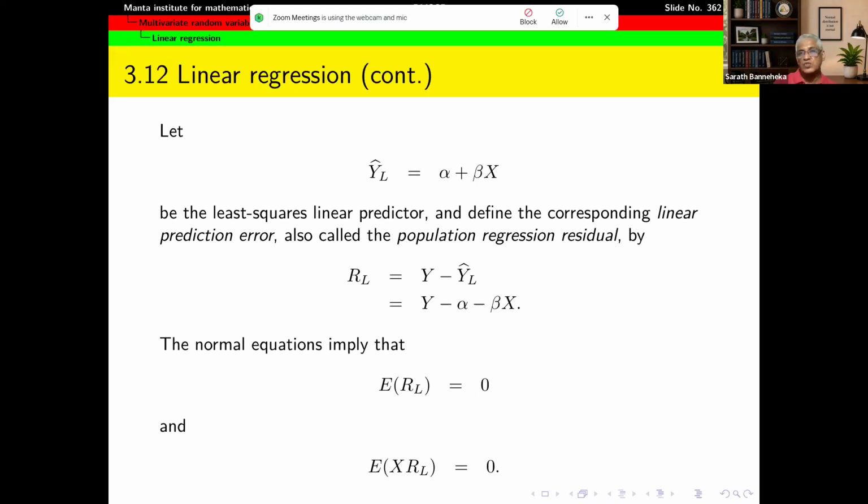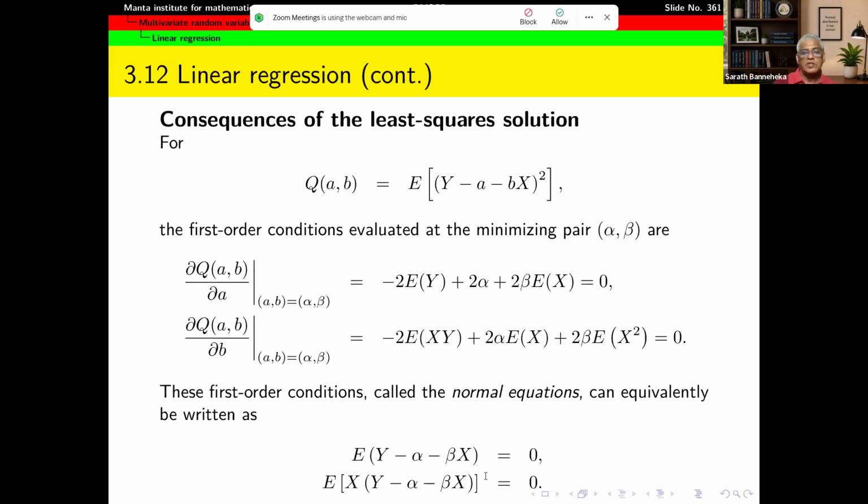So if you get the least squares regression line, then corresponding to that there is a residual, and that residual has expected value equal to 0. And the expected value of x times RL is also equal to 0. That's coming from this expression here.